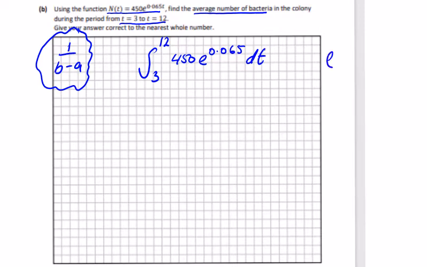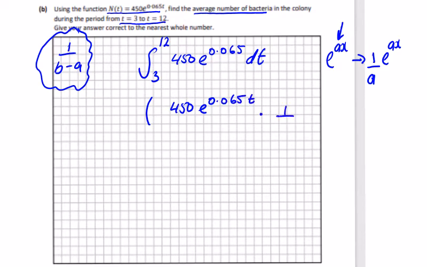And when we integrate E to the power of AX, it goes to 1 over A, E to the power of AX. So whatever's in front of my T here, it's going to go on the bottom. So we're going to end up with 450 E to the power of 0.065 T times 1 over 0.065, and that's going to be between the bounds 12 and 3.